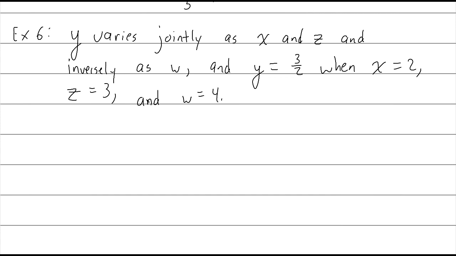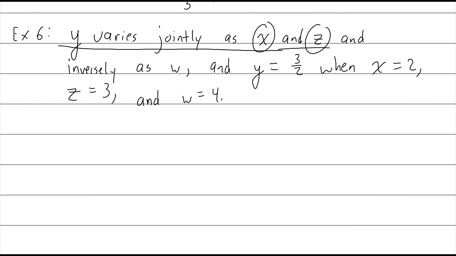A lot going on here. It's actually not a lot, because you can read this one piece at a time. Y varies jointly as x and z. Okay, so think about directly, right? Jointly is basically just like directly. Jointly just means that k is going to multiply times both of those.